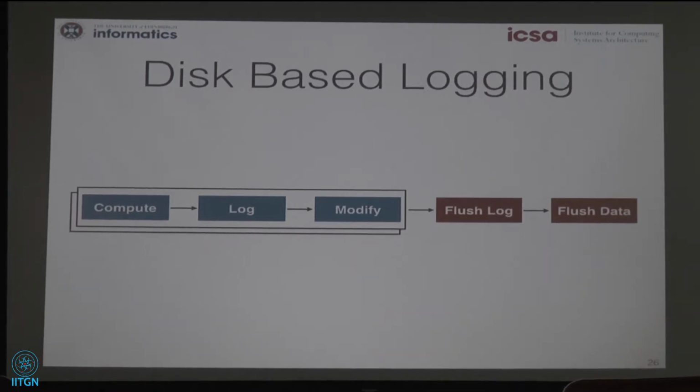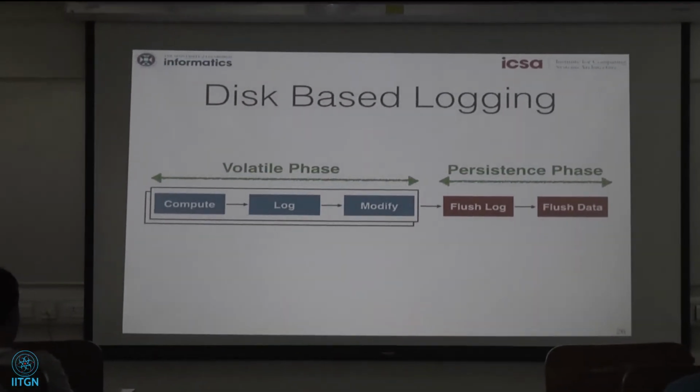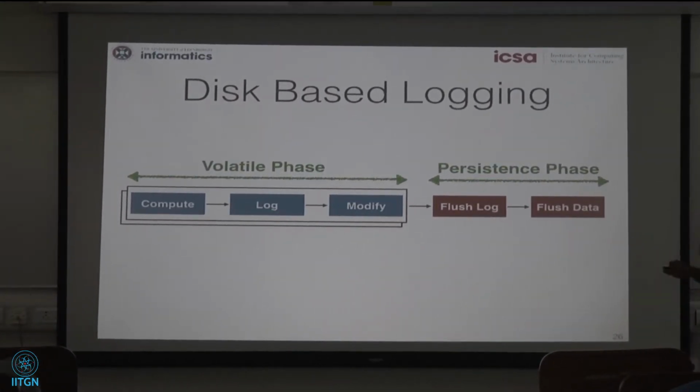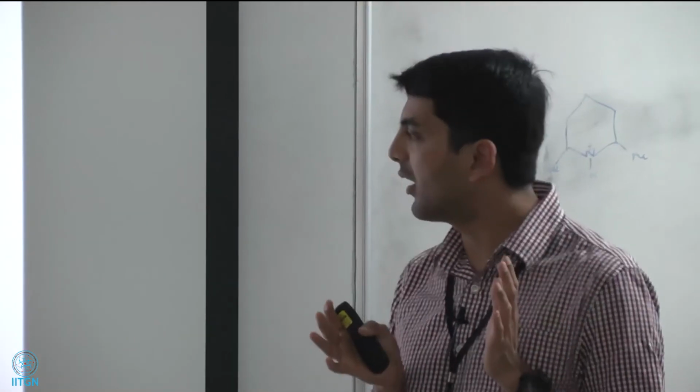This works great because you have separate volatile and persistence phases. Even though disk is slow, you can amortize the cost of writing all the log and data entries by having multiple transactions first execute their volatile phase and then merge all the updates and send them to the disk as a single batch.